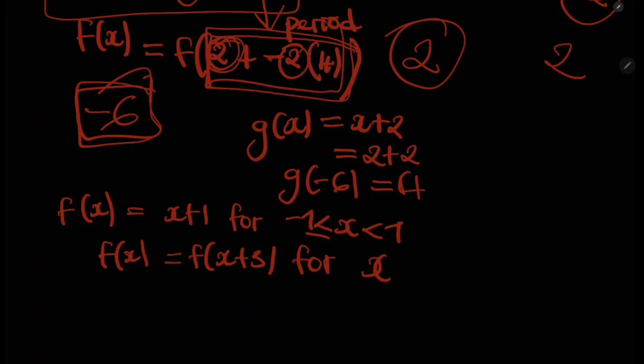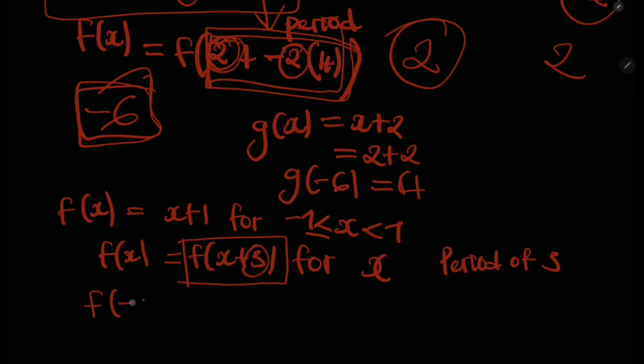In this case, when we have something in this form, here we were not given a period. 3 is our period. So here we have a period of 3. Now we have to find f of minus 13.